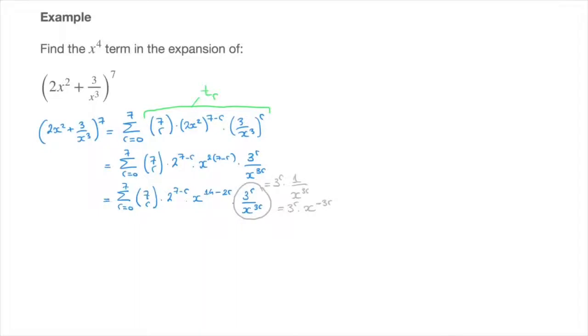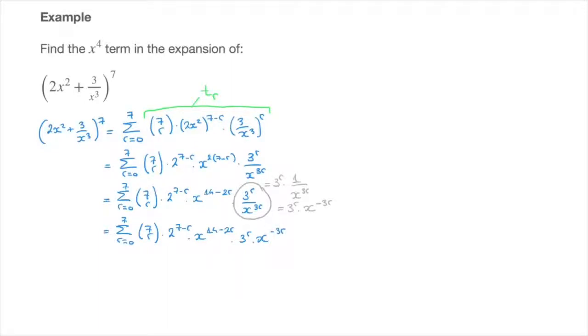Keeping that in mind, we can write that this sum equals the sum from r equals 0 up to 7 of the binomial coefficient 7 choose r times 2 to the power of 7 minus r times x to the power of 14 minus 2r times 3 to the power of r times x to the power of negative 3r.